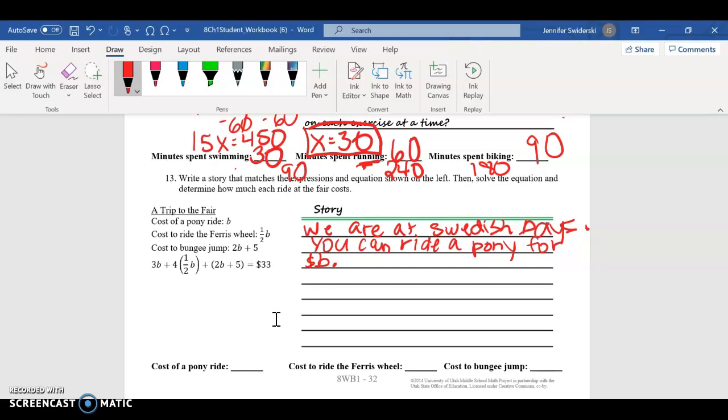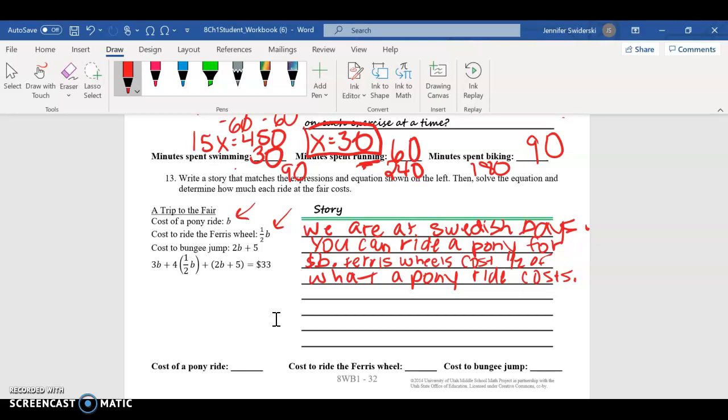What do you think the cost? So there's my B. What's the cost to ride a Ferris wheel compared to a pony? Yeah, Ferris wheel costs half of what a pony ride costs. Okay, now what about bungee jumping? 2B plus 5.